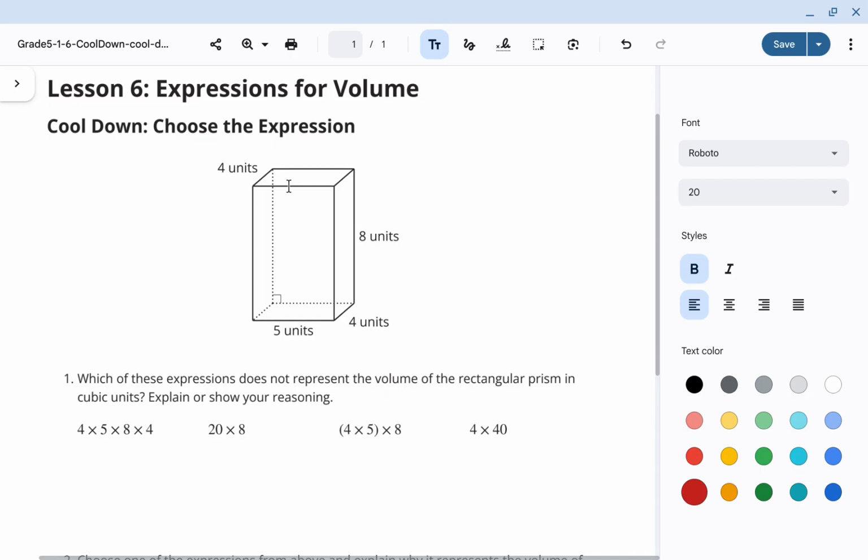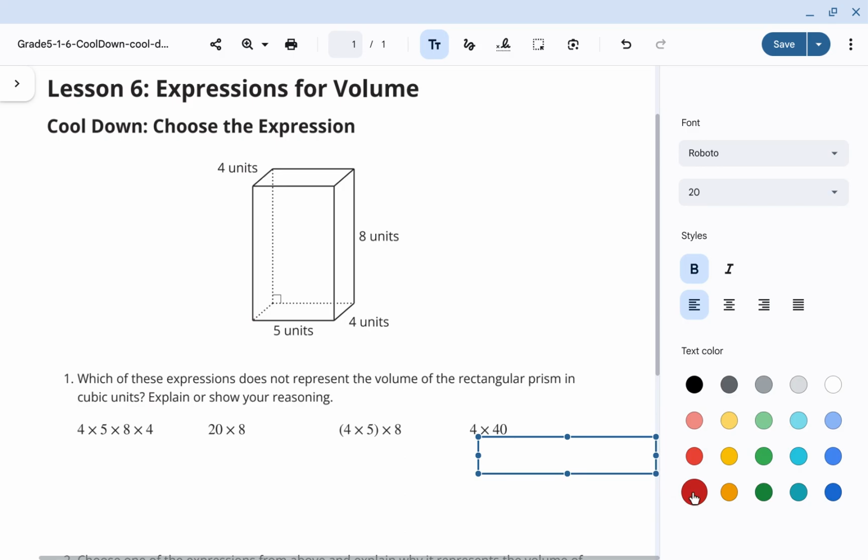So what does that tell me? That tells me that a vertical layer would have 40 units. And how many of those vertical layers would I have? What is the width of this shape? It's 4.